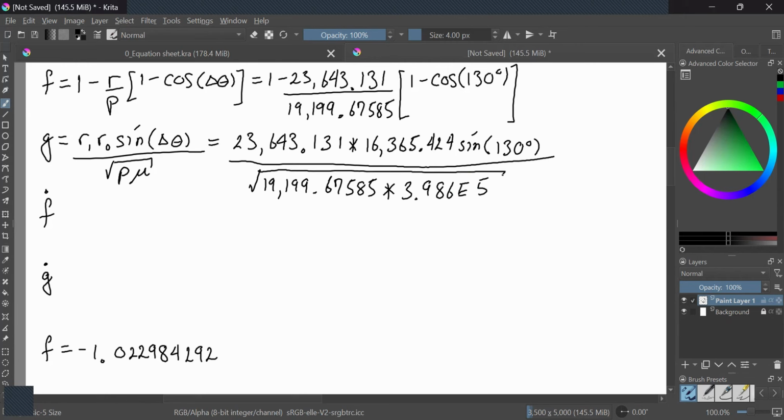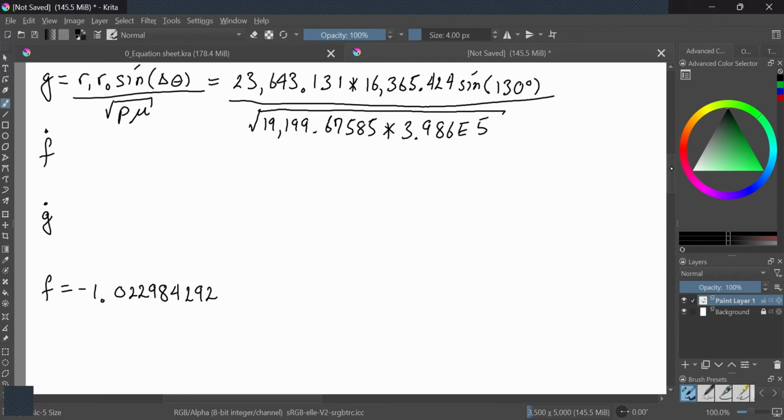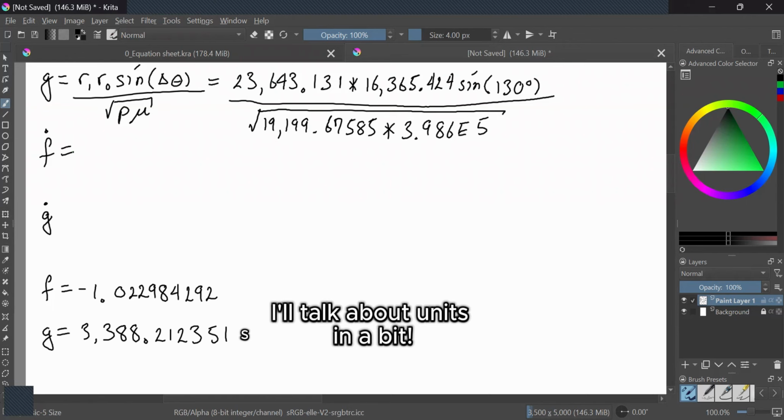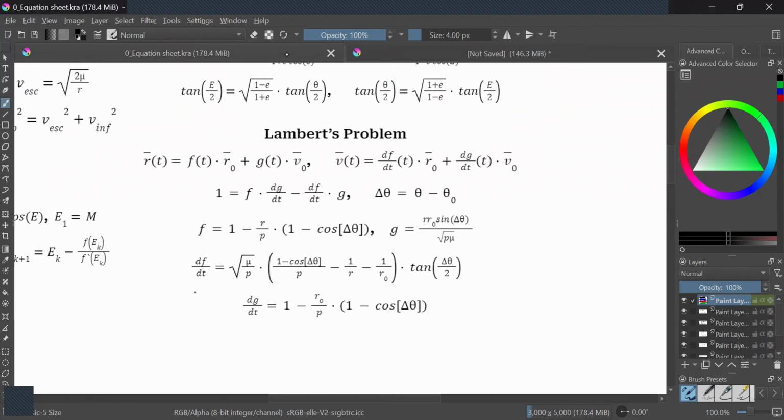Now we have G. That is 3,388.212351. Very nice. Now we're going to get to the messy one, F dot.